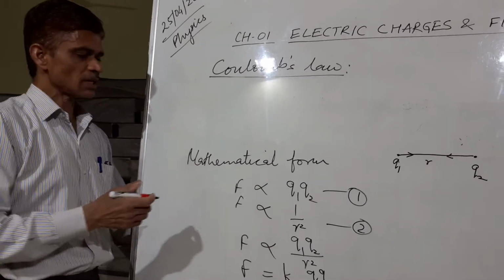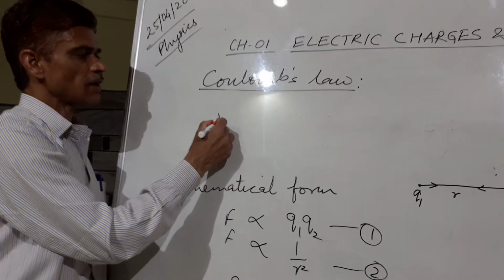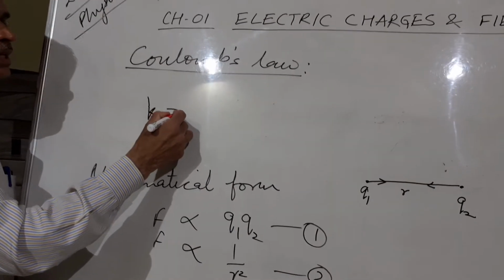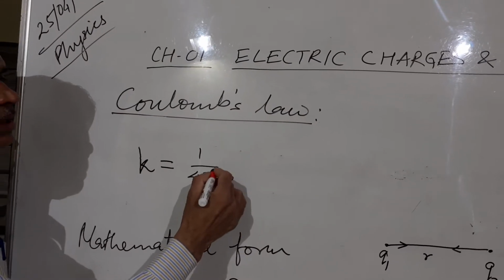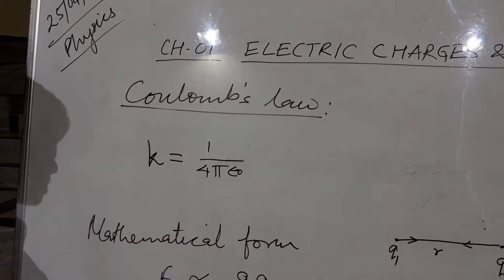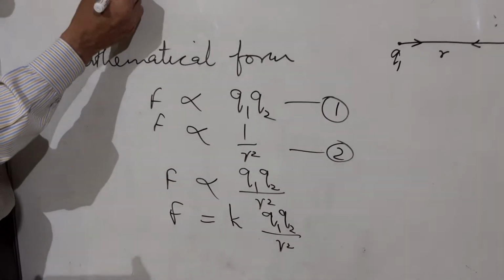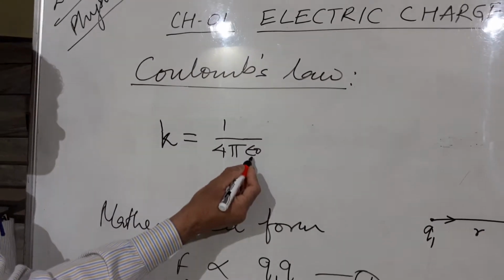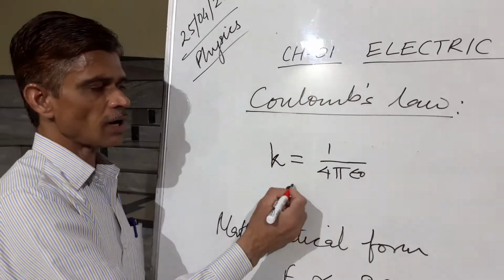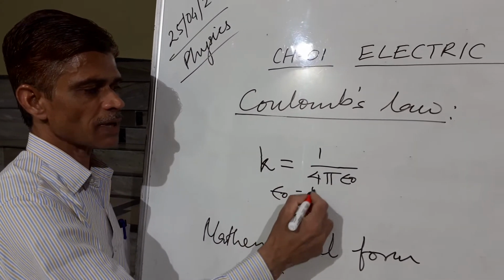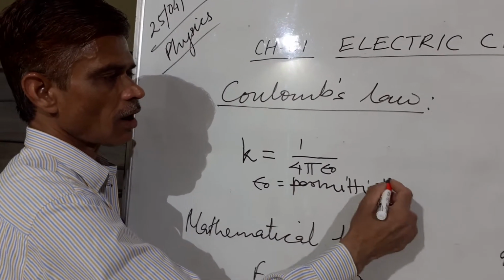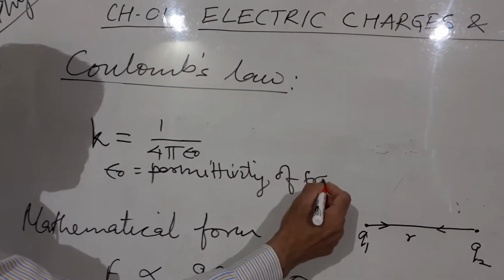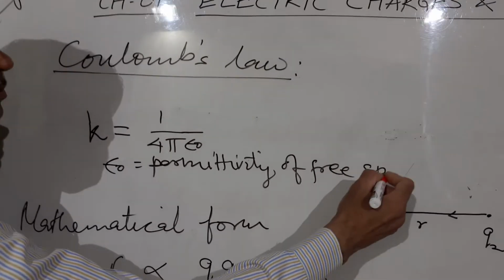Now this proportionality constant K is determined experimentally. It is equal to 1 by 4 pi epsilon naught. This proportionality constant further depends on another constant called permittivity, the permittivity of free space or vacuum.